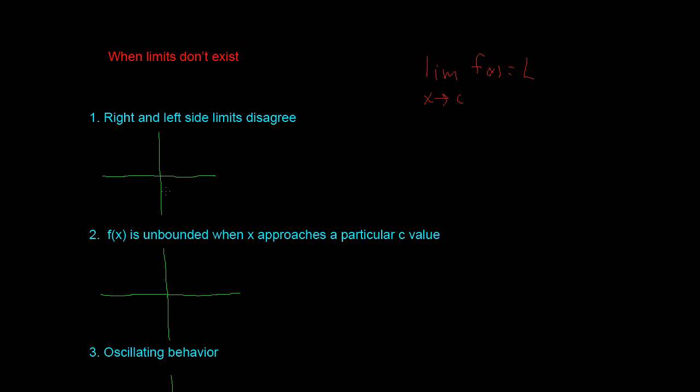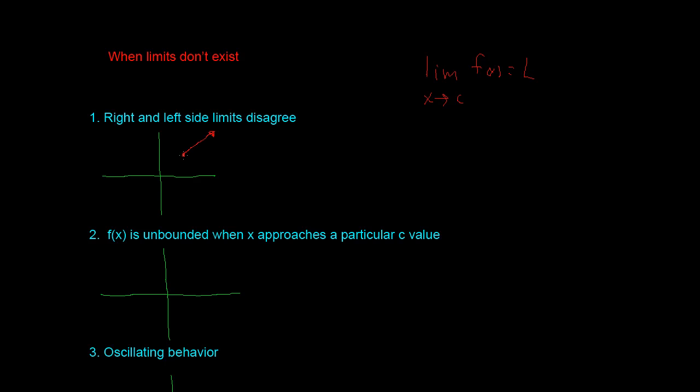Well, it turns out there are three times when that actually happens, and the first time is when the right-handed and the left-handed limits disagree. For instance, let's say we have some function, maybe this linear function.